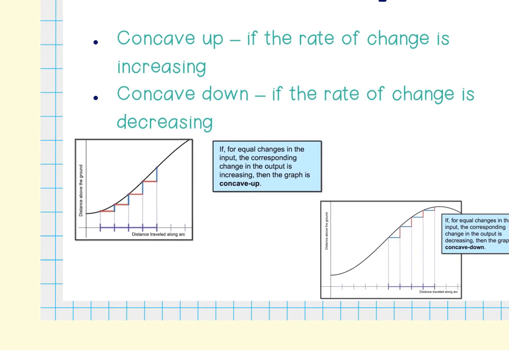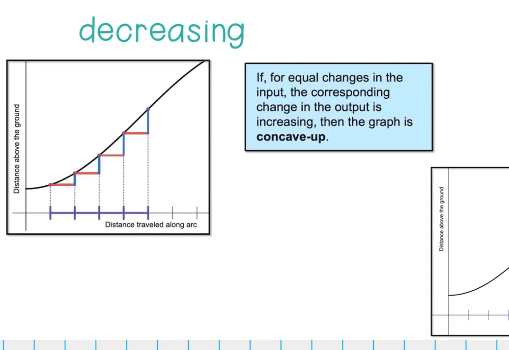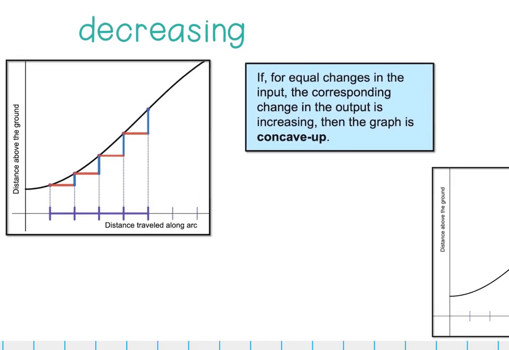And it says it here in these little graphs. It says for equal changes in the input, the corresponding change in the output is increasing. That causes concave up. One way to look at this, and to me this was more confusing than what I'm about to show you, is if you have equal spacing. The problem is you don't always have equal spacing.